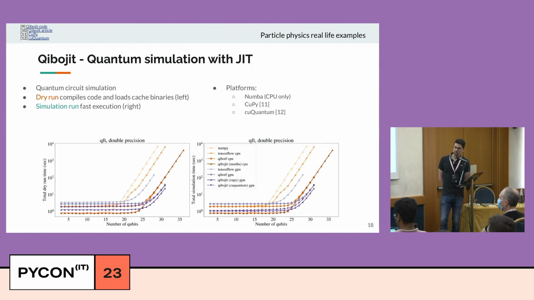JIT stands for just-in-time compilation, which is another way of thinking of the pipeline of an interpreted language, which means that instead of interpreting the whole source code, you first just-in-time compile a piece of code in order to speed it up.